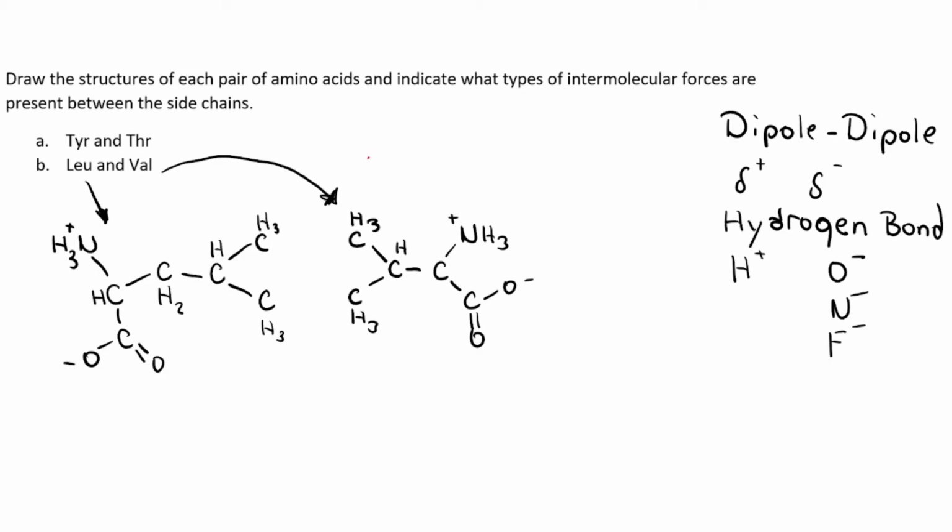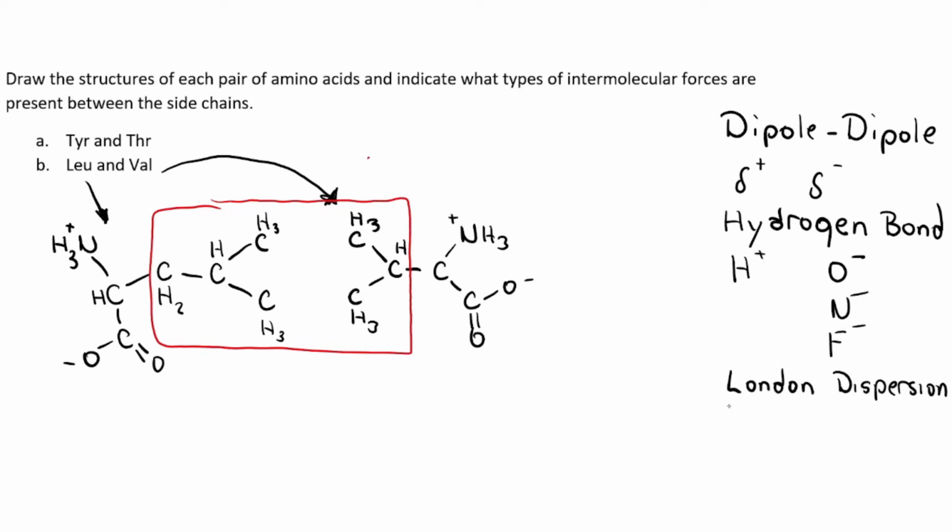And the type of intermolecular force that we're looking at is right here. Okay, and that is the one that we haven't written out yet. So this is going to be London dispersion, or van der Waals forces. Those are your three types of intermolecular forces.